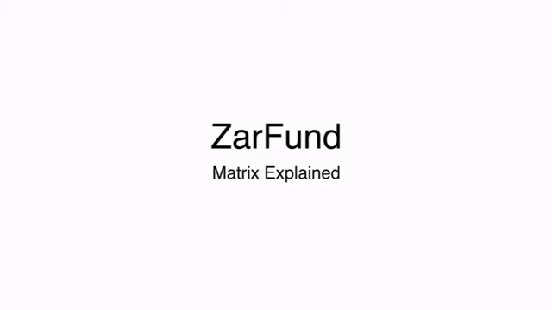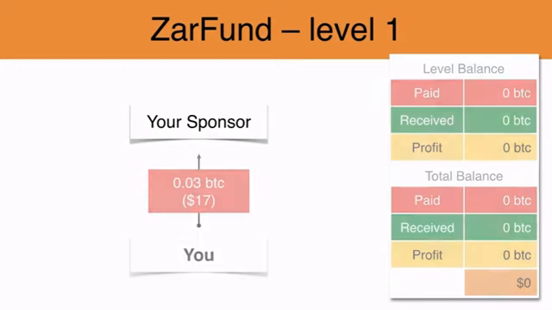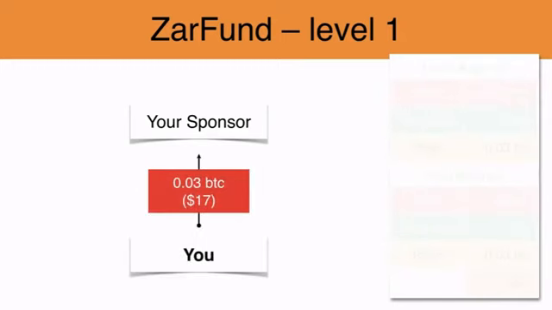The first step in getting started, and this is just a layout of what it looks like: your sponsor, and there's nothing on the right side in terms of paid or receipt. The first thing you want to do is set up your system and pay your 0.03 BTC to your sponsor.